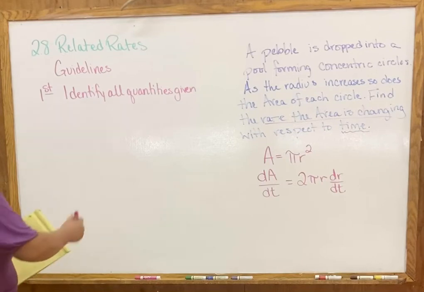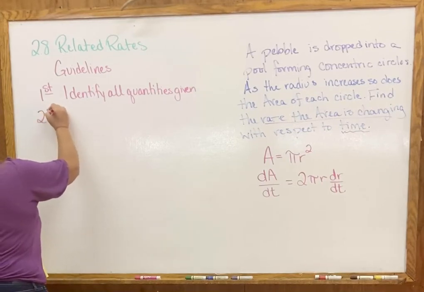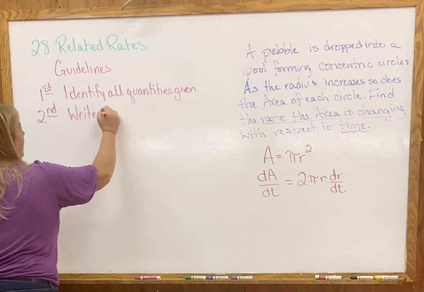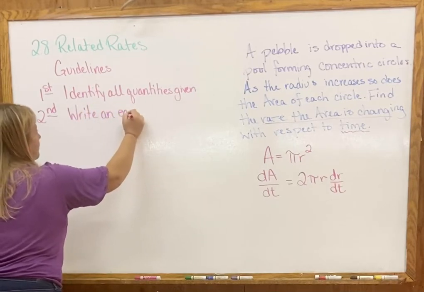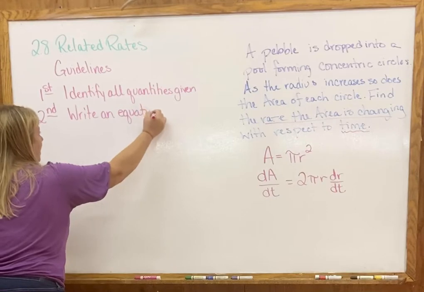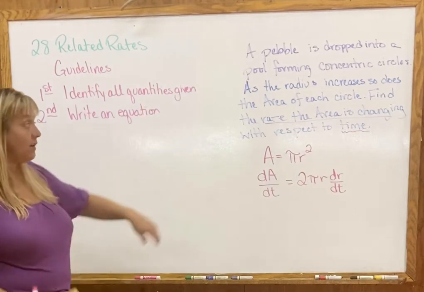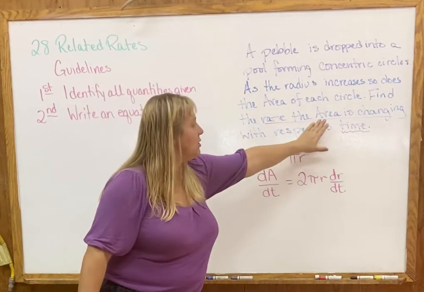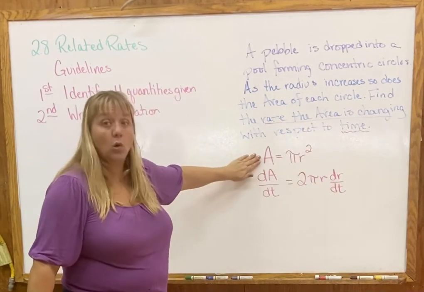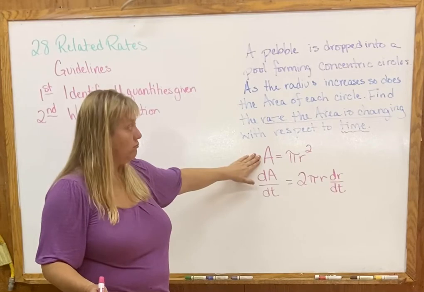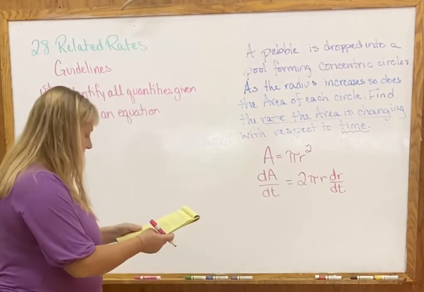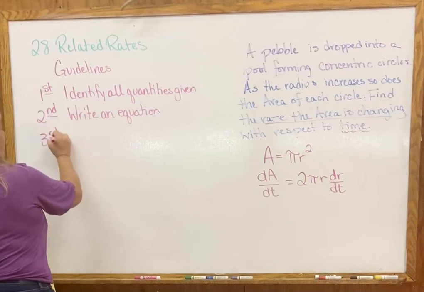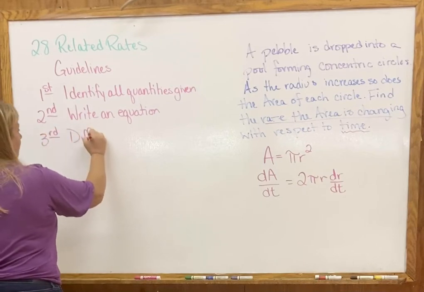Okay. The second thing to do after you've read the problem is to write an equation. So sometimes the equation will be given to you. Sometimes you actually have to write it yourself. Like this one, we had to read the problem and look at what we were interested in was area. So we wrote the area equation. Then the third thing to do is to differentiate.